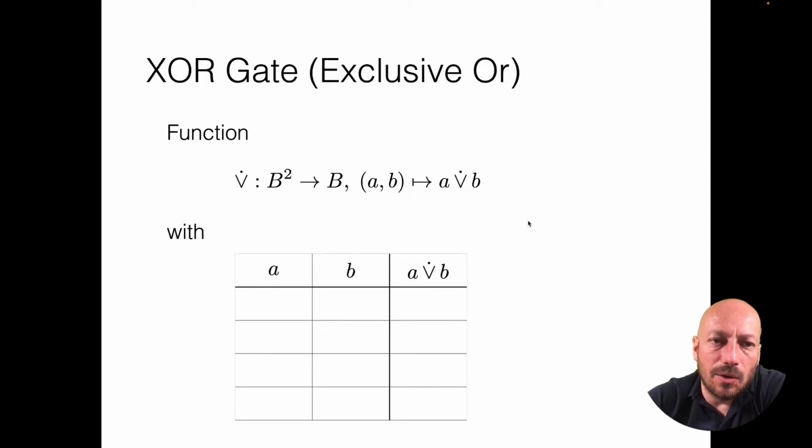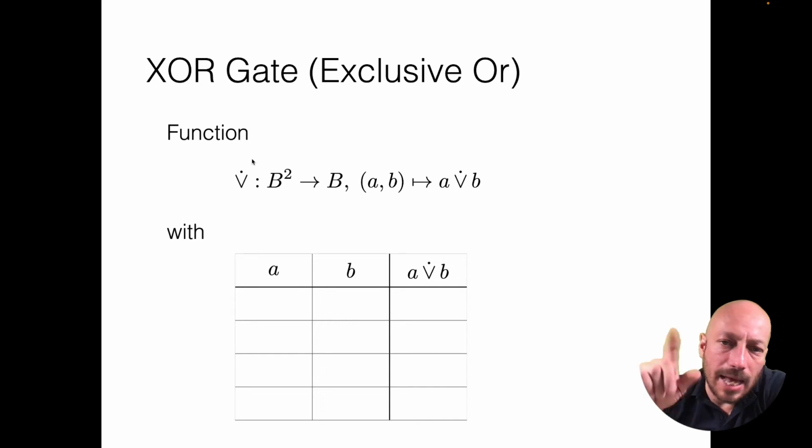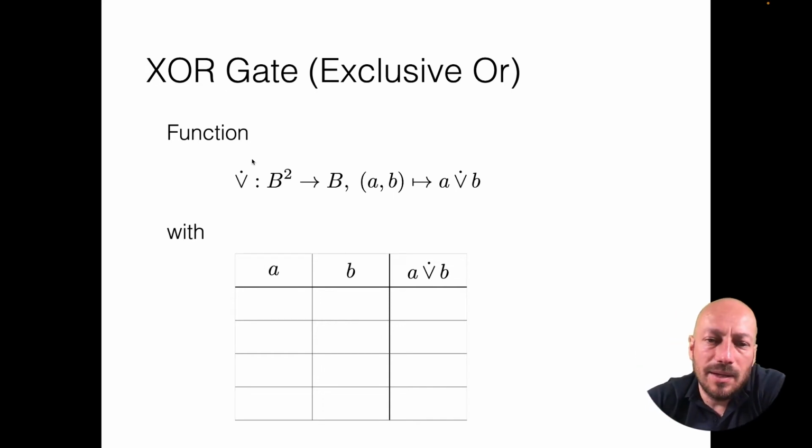And now the last gate that we saw was this exclusive OR. And here I'm using this symbol. That's the logical OR with this dot above it. Another commonly used symbol would be this plus within a circle.